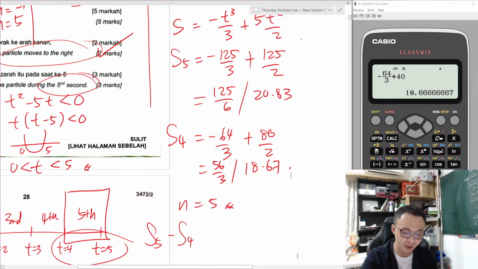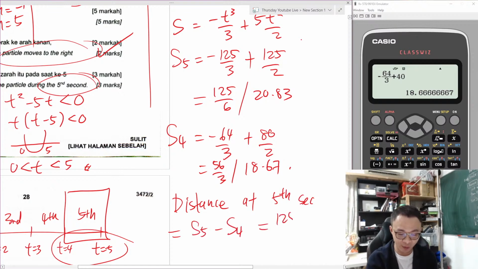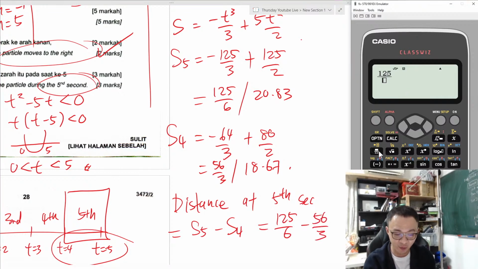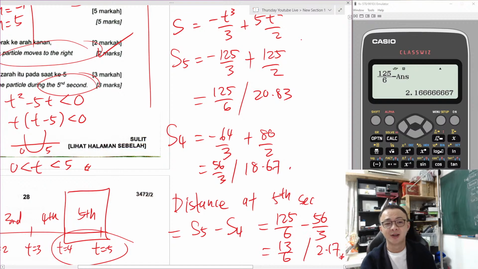So if you want to know the distance at the 5th second, we will use S5 minus S4, which is 125 over 6 minus 56 over 3. So yeah, the total distance traveled will be this, or 2.17. Yep, this is how we do it.